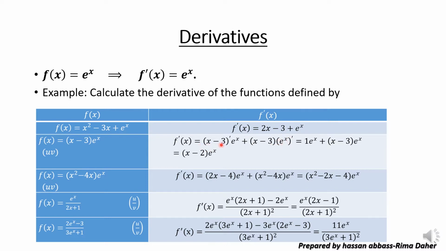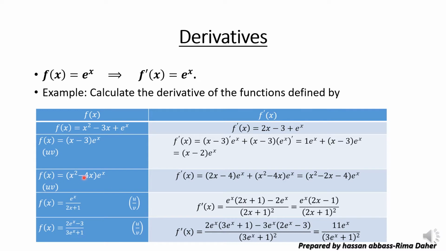The derivative of x minus 3 is equal to 1. The derivative of exponential x is exponential x. Then f prime of x equal 1 e^x plus x minus 3 into e^x. Take exponential x common factor, we get f prime of x equal x minus 2 into e^x.